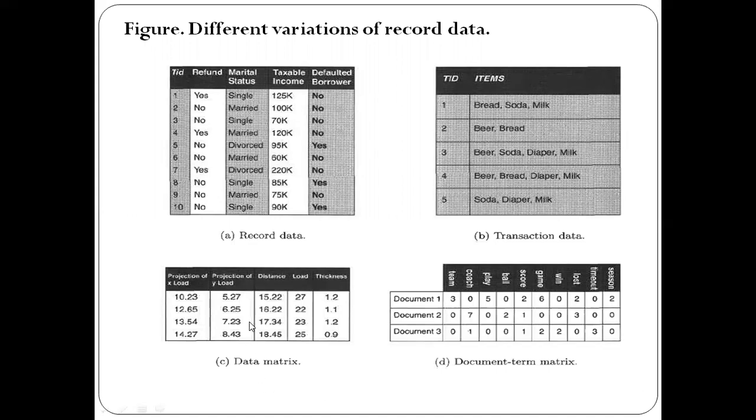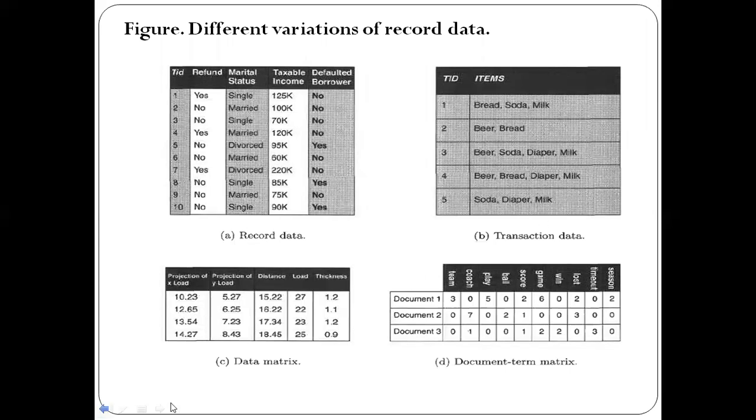Now coming to the second type of record data, which is the data matrix. Here the data objects are a collection of data, and all of the data objects have the same set of numeric attributes. If the data objects have the same set of numeric attributes, then we can represent that data in a multi-dimensional space.